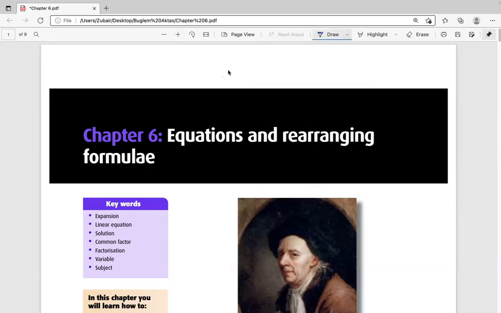So this would be more or less around that. For example, and other things too, like expansion, we have the equation and linear equations.